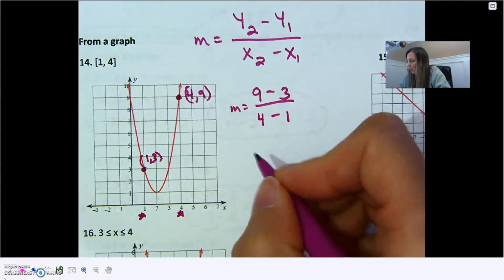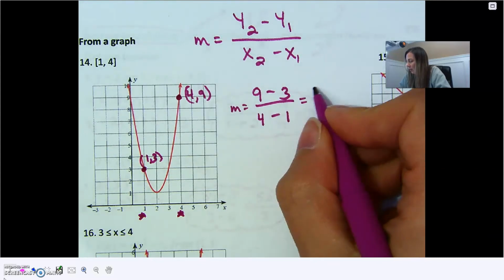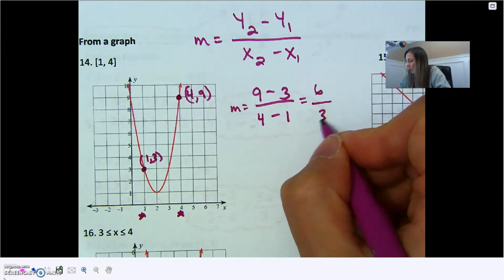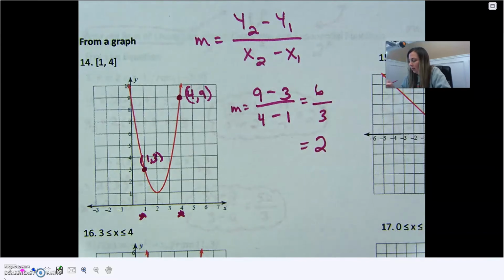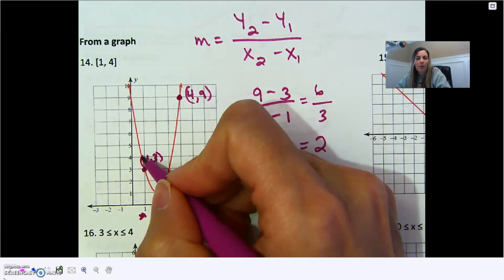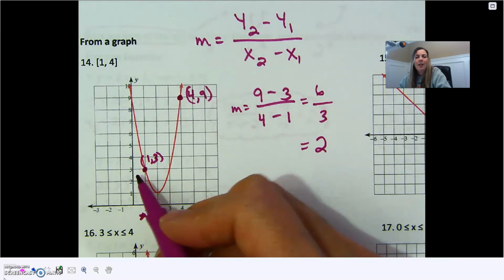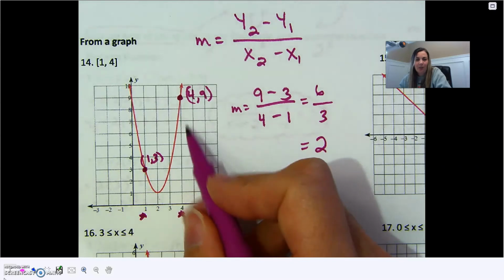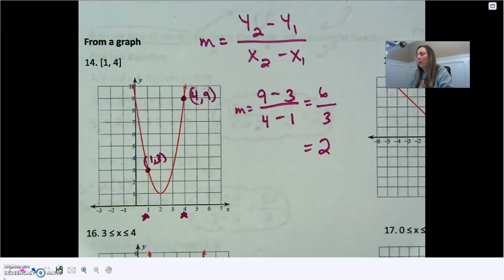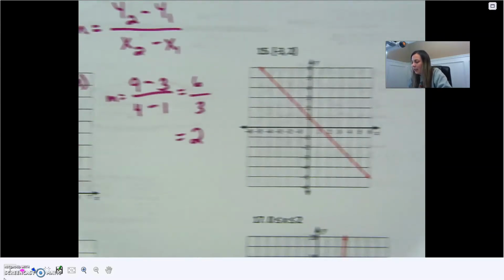So this slope, right, this average rate of change is 6/3. 6 divided by 3 is 2. All right, so from here to here, we're rising 2, run 1. And it's average, though, because there is a dip.